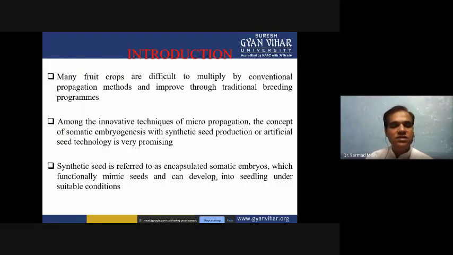So these artificial seeds we can utilize to produce plantlets in laboratory conditions.